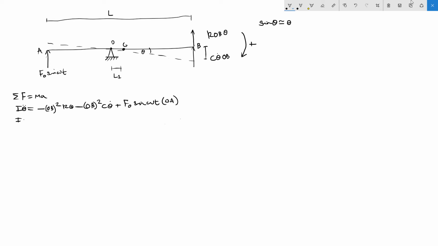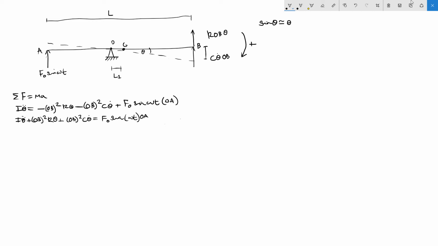I'm going to rewrite this to neaten it up, with these two components on the left hand side. So these go to pluses: plus OB squared K theta, plus OB squared C theta dot, and that's all equal to F naught sine omega t times OA.